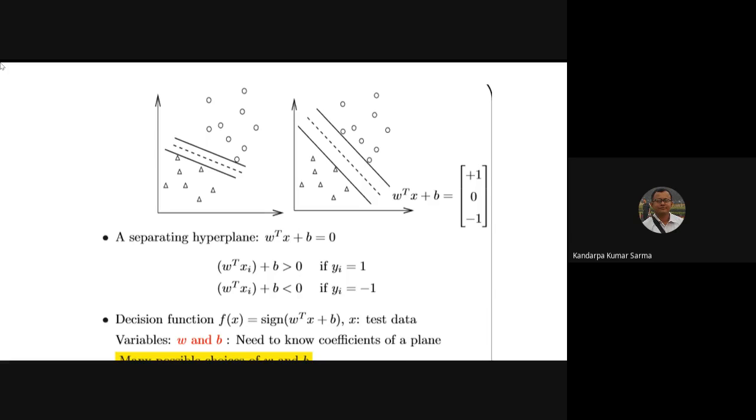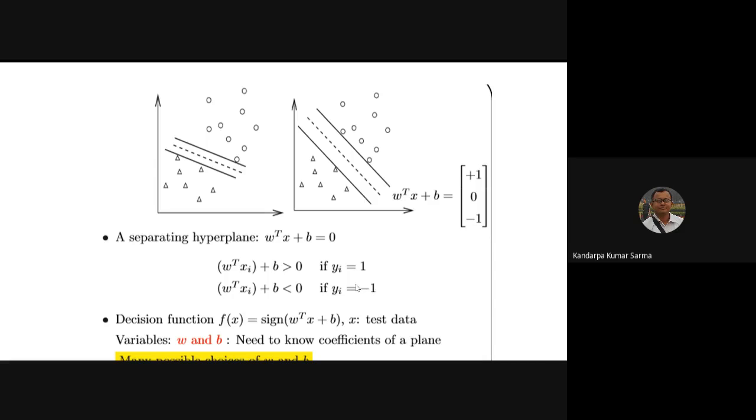So the separating hyperplane can be defined by this w transpose x plus b is equal to 0, and then w transpose xi plus b is greater than 0 if yi is equal to 1, and w transpose xi plus b less than 0 if yi is equal to minus 1.